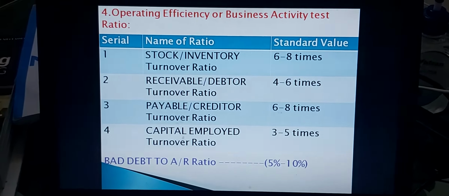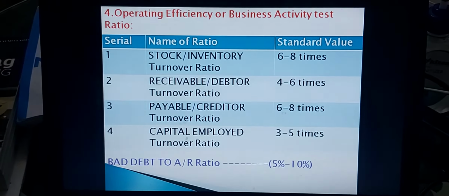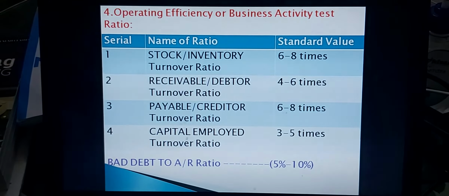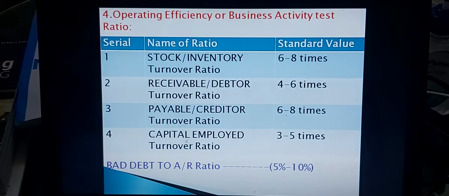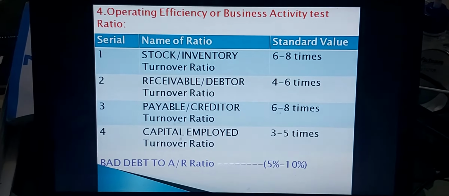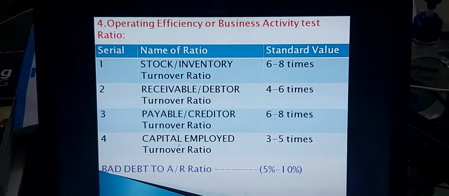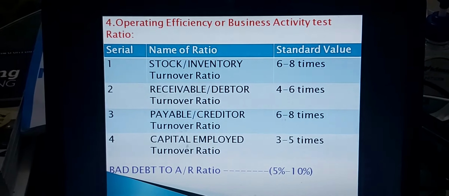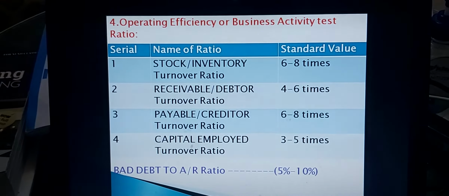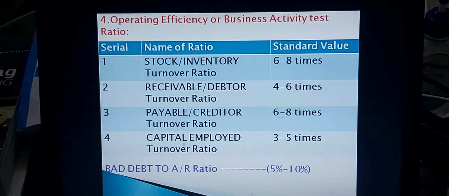Number 3, payable or creditors turnover ratio. Standard is 6 to 8 times. Number 4, capital employed turnover ratio, 3 to 5 times. Another ratio is available under operating efficiency: bad debt to accounts receivable ratio. Its standard is 5% to 10%.